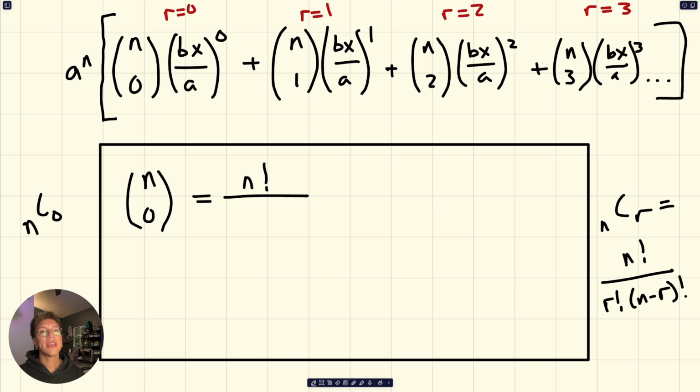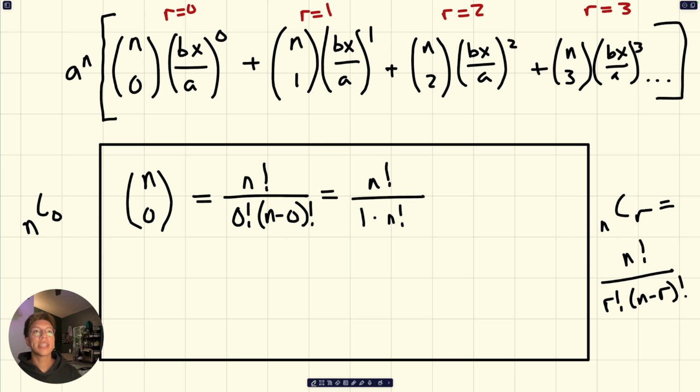So we get 0 factorial, and then n minus 0 factorial. That simplifies to n factorial over 0 factorial, which is 1, times n minus 0, which is n factorial. We have n factorial on the top and bottom, which cancel, and that gives us just 1.